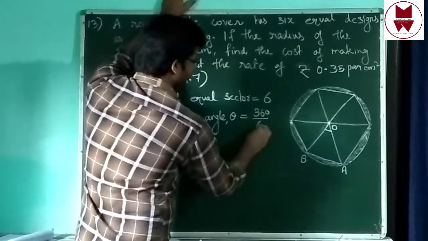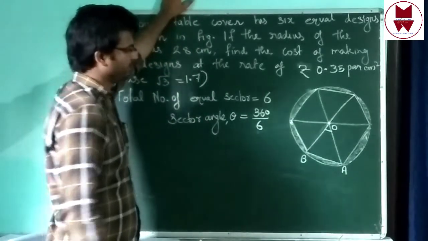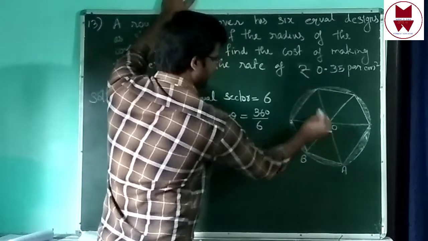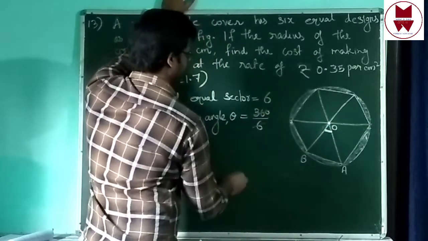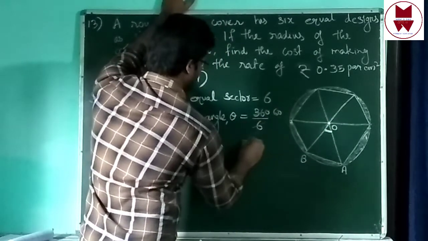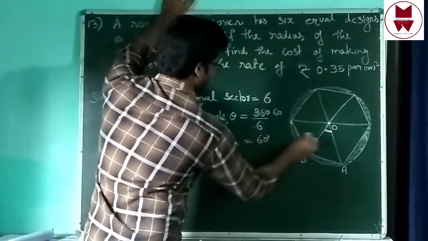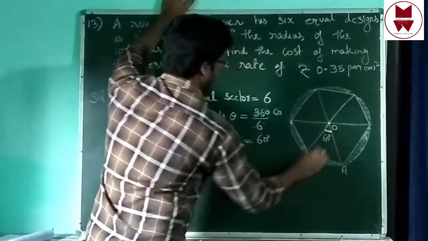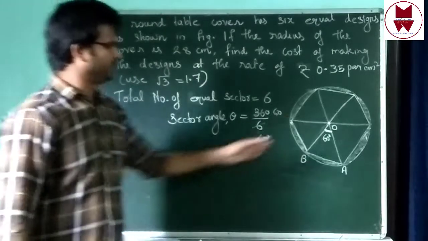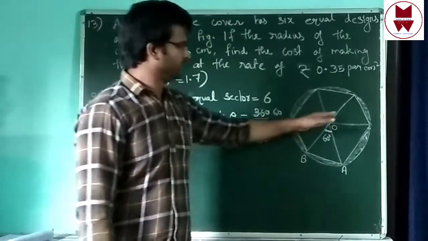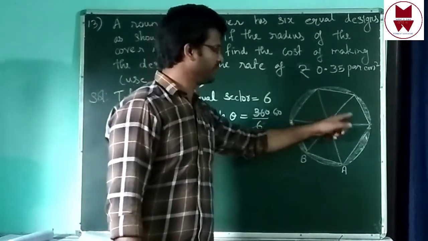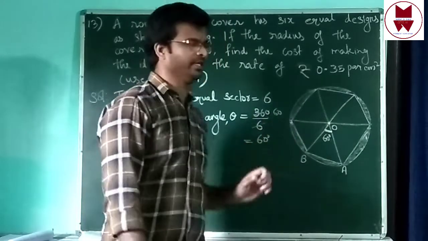That means divide by 6. 360 divided by 6, you will get one angle, 60 degree. One angle is 60 degree. Total is 360 degree, and we divide it into 6 equal parts, that's why divide by 6.